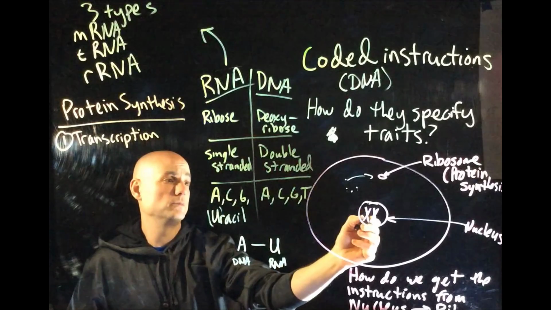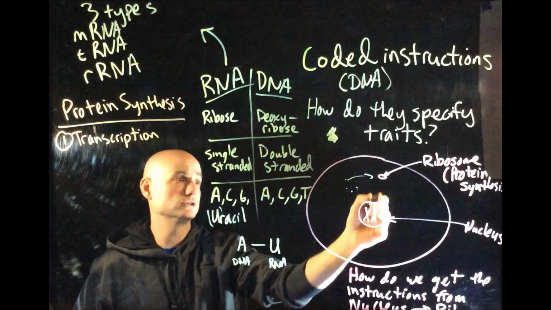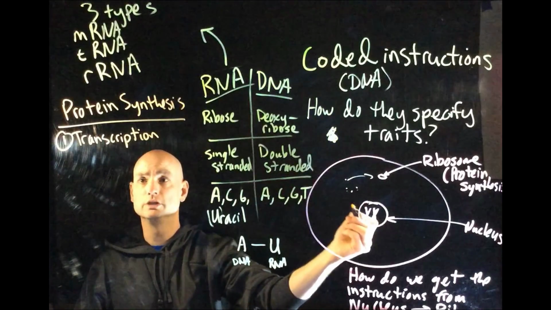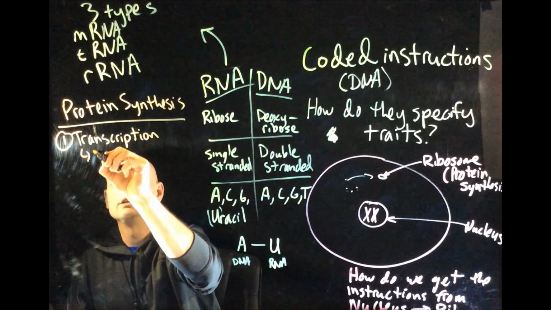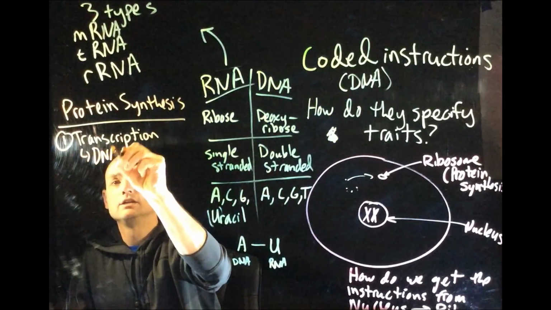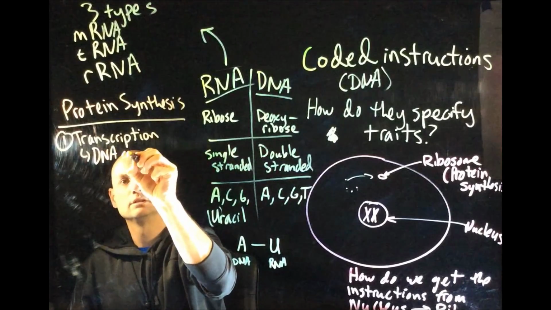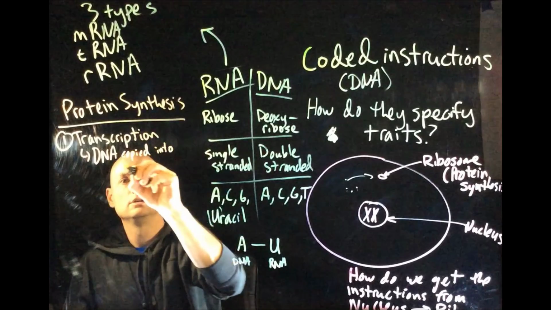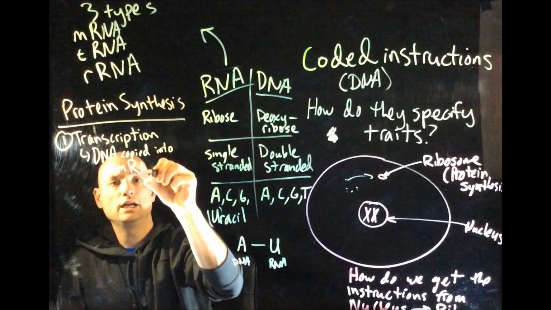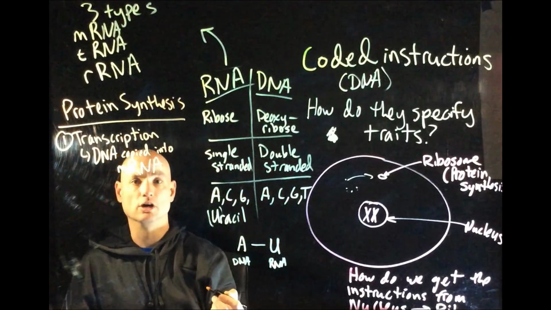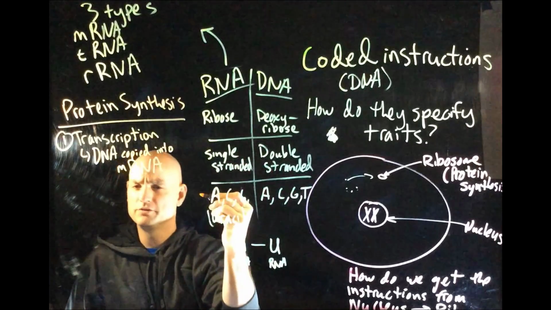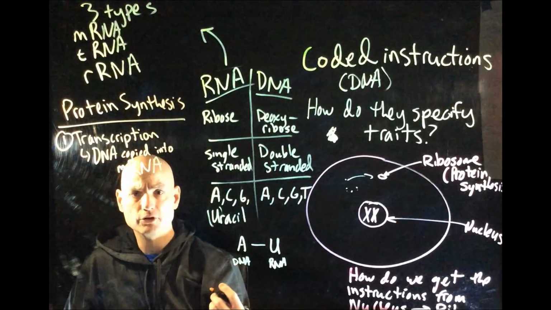And remember, we had to take the message from the nucleus to the ribosome without having the DNA leave the nucleus. So this is going to take and have DNA be copied into mRNA, messenger RNA.